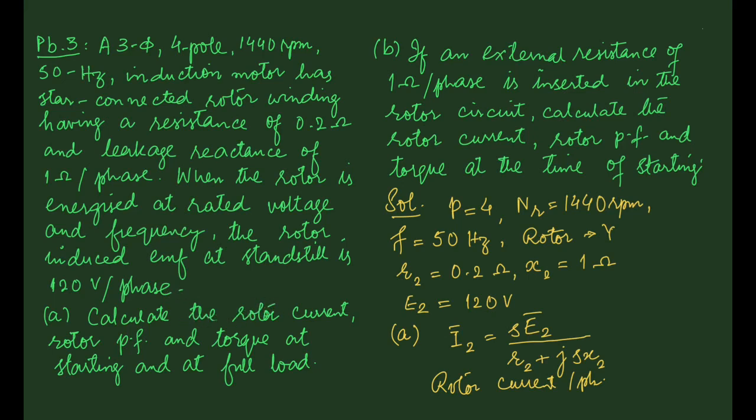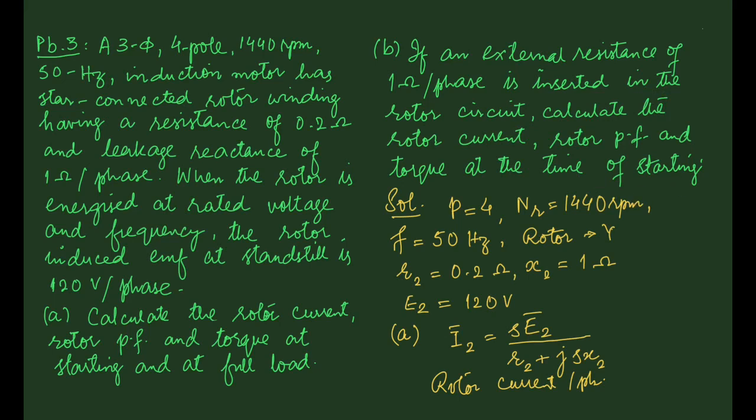Calculate the rotor current, rotor power factor and torque at the time of starting and at full load. Part B of this problem: if an external resistance of 1 ohm per phase is inserted in the rotor circuit, calculate the rotor current, rotor power factor and torque at the time of starting.